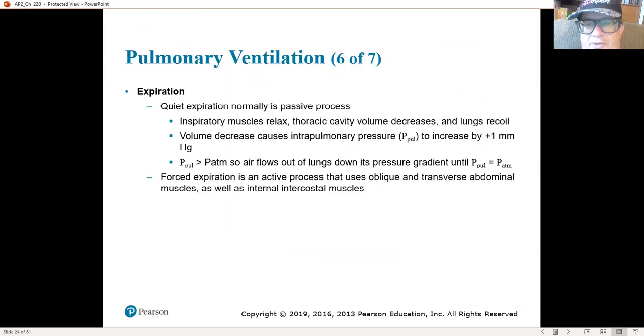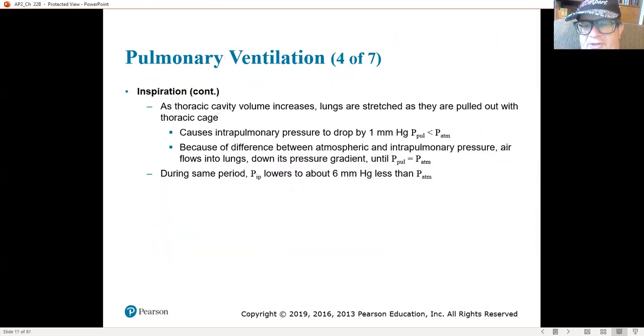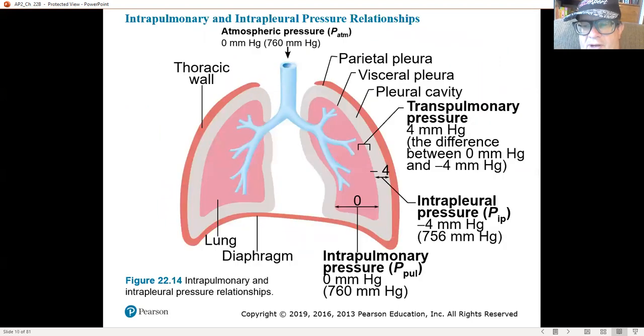Yeah, it's transpulmonary pressure, but that's not the diagram I want to show you. This one. So the bottom of that math formula is the difference between this pressure and this pressure. And we call that difference the transpulmonary pressure.